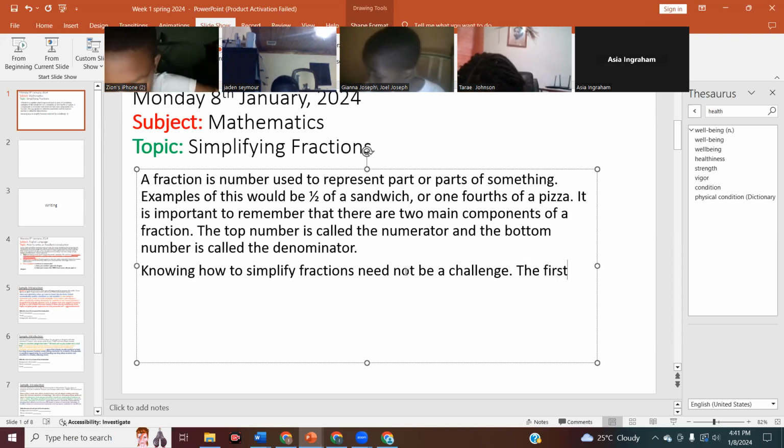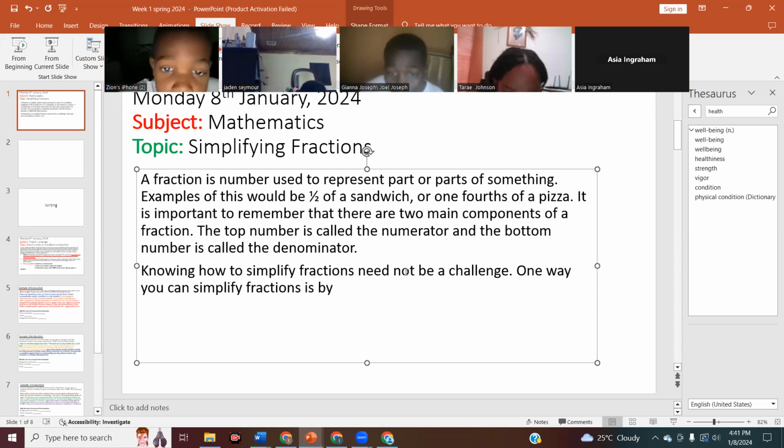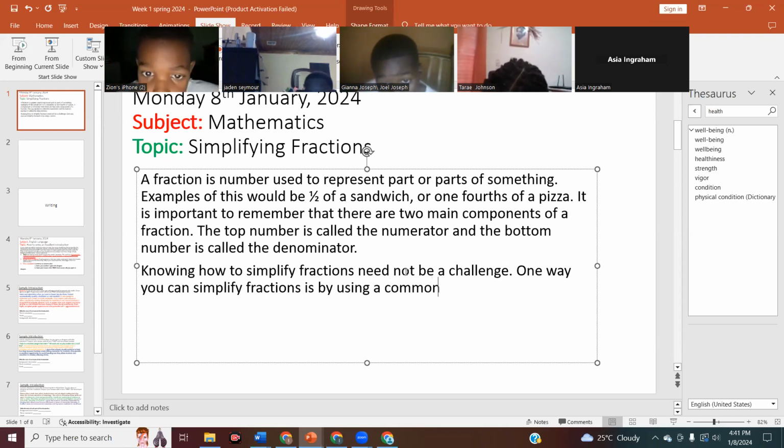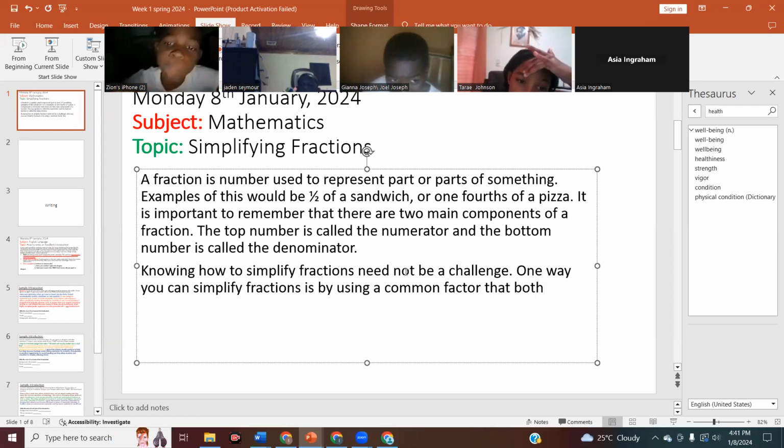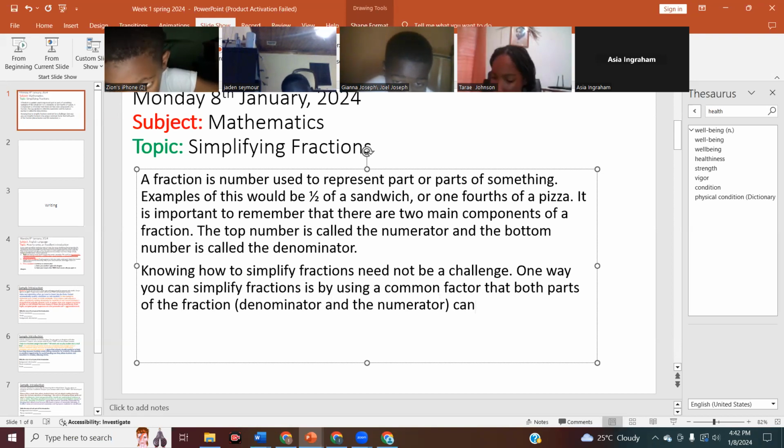One way, this is not the only way, that you can simplify fractions is by using a common factor that both parts of the fraction, that is the denominator and the numerator, can divide into. All right, good.